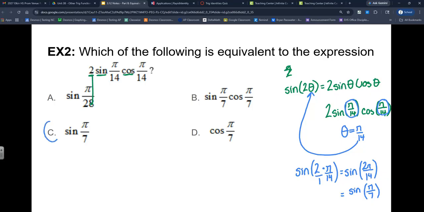So sine of pi over 7, answer choice C, is going to be our answer. So on that one, you have to recognize that you're looking at the identity and go back to the theta.